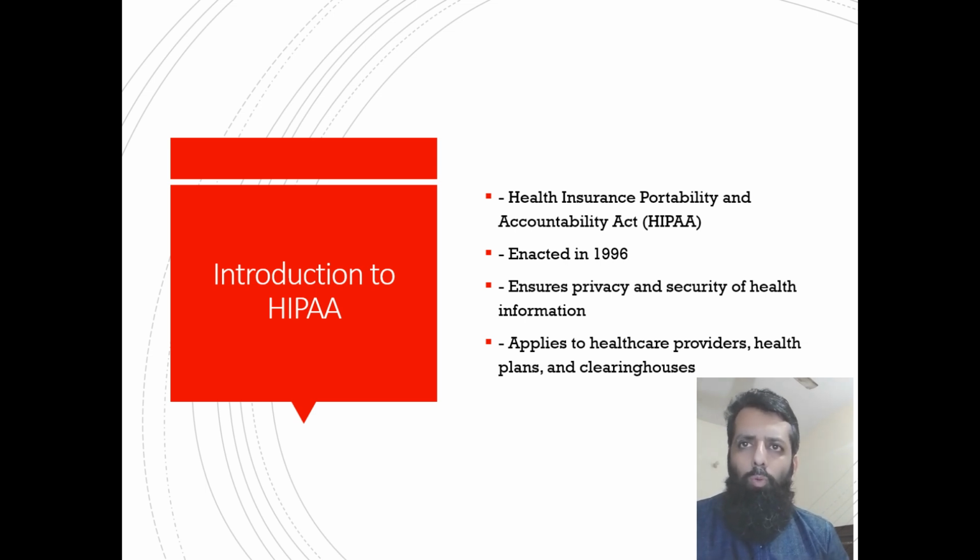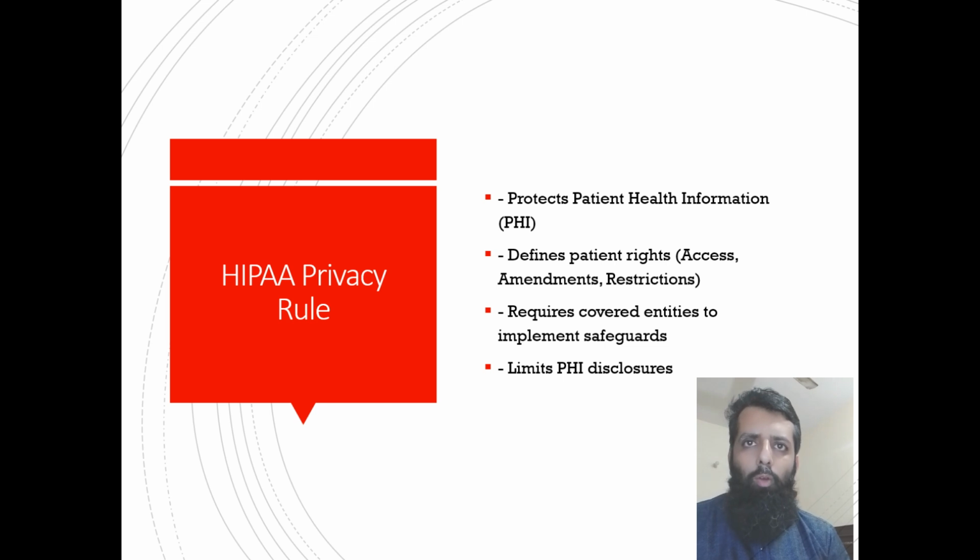The privacy rule is one of the most well known parts of HIPAA. It protects all forms of protected health information, spoken, written, and electronic. This means that patient names, medical records, test results, and even billing information are all protected under this rule.